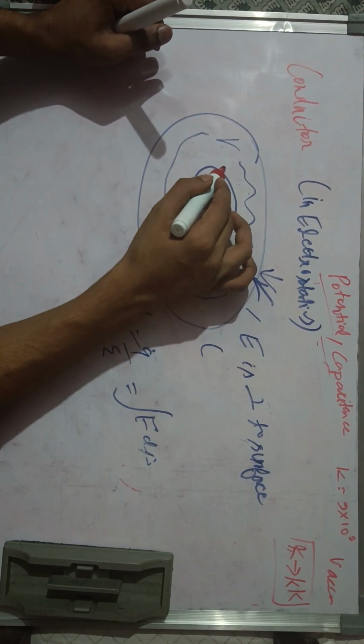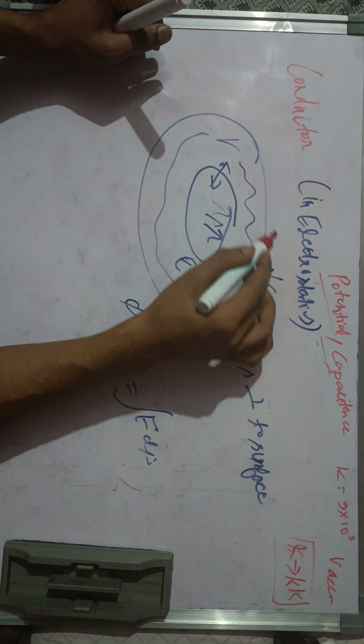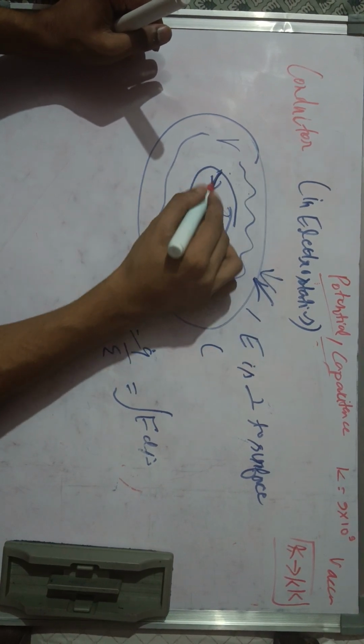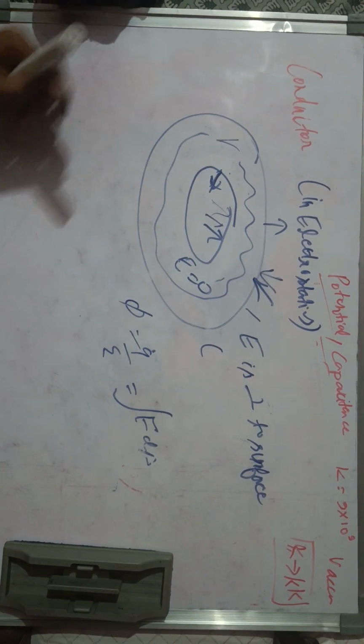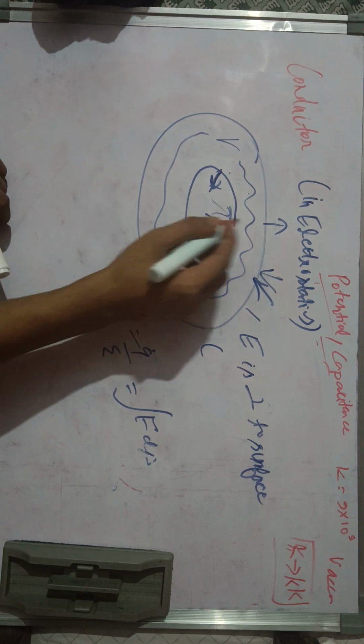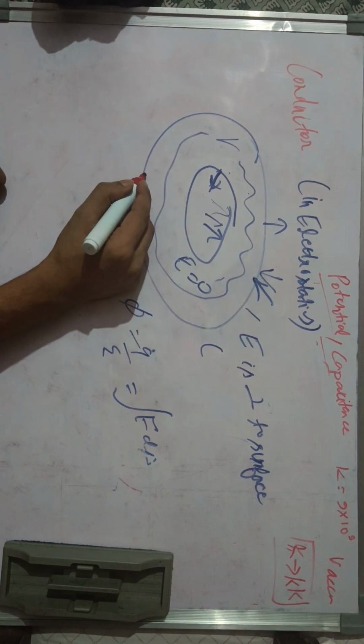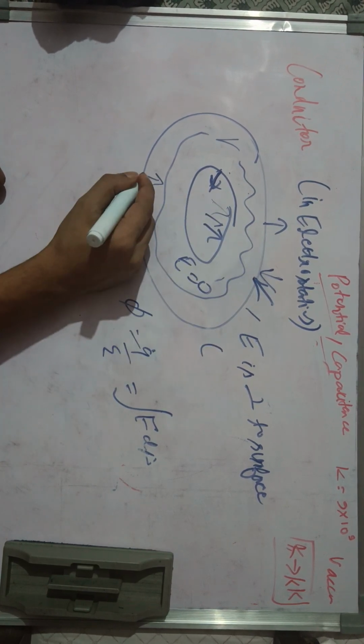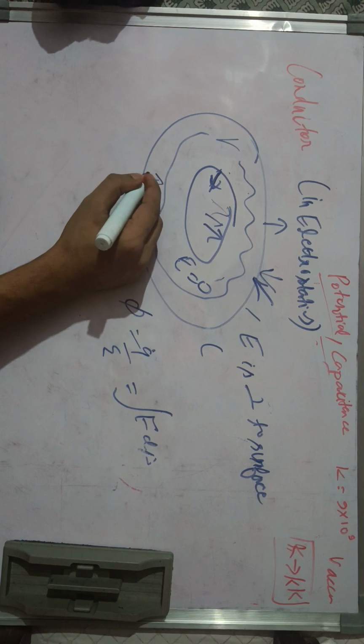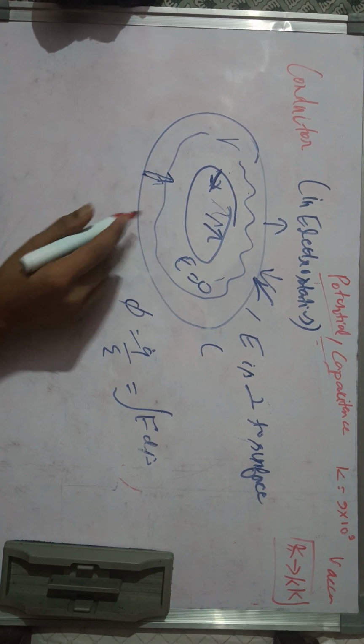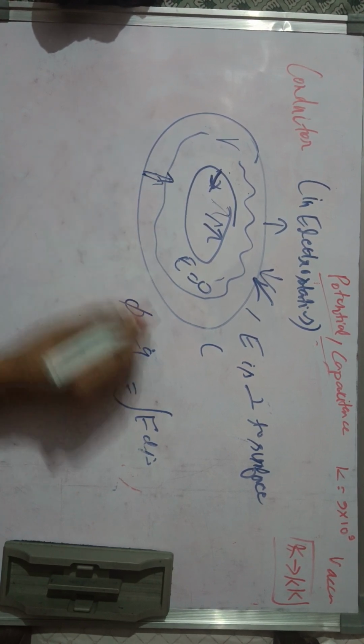These surfaces can have a perpendicular electric field like this or like this. Now one more thing is that the electric field at this point cannot be inside. If the electric field is inside, this will make the charge move inside.